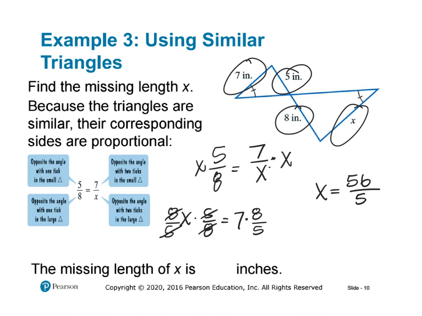It doesn't say if we're rounding, but if we're rounding, it would be 11.2. So 11.2 inches. Because usually if you have measurements, you want them in decimals, not necessarily in fractions.